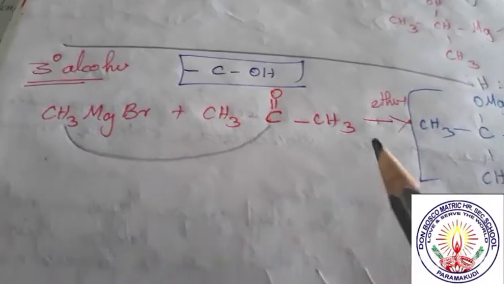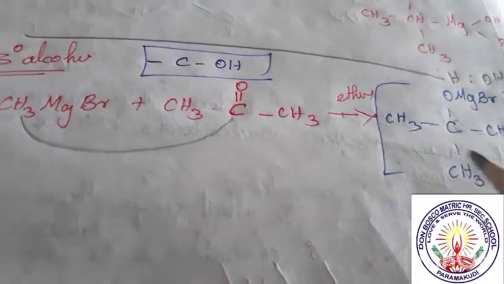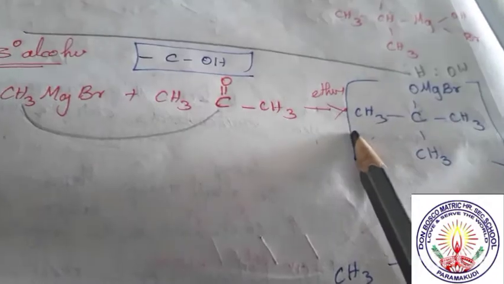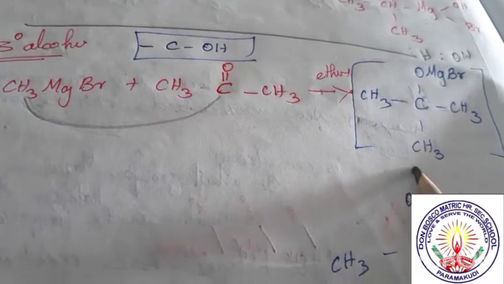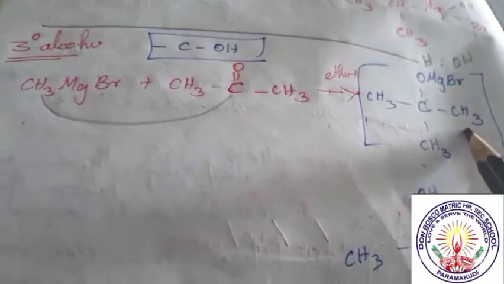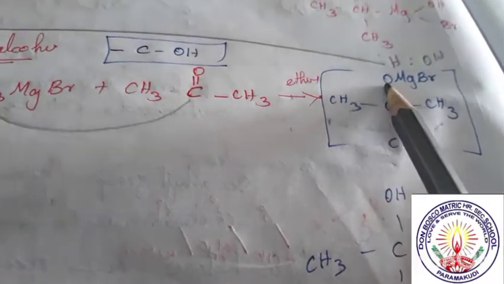And see, first we shall write carbon with its 4 bonds, so this CH3 remains here and this CH3 comes here, and this CH3 remains here, and this MgBr combines with O and forms an intermediate.